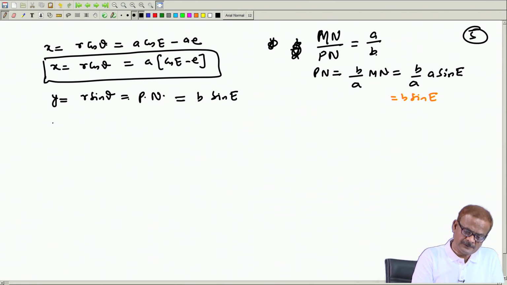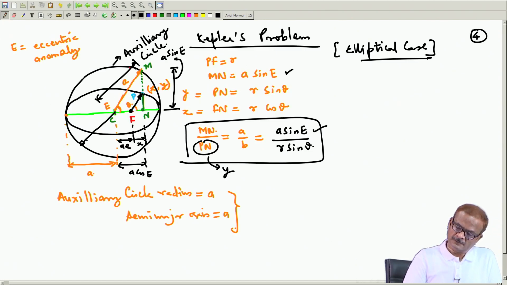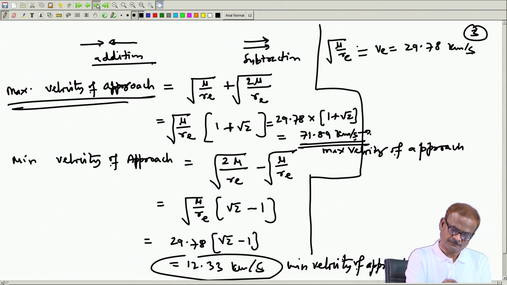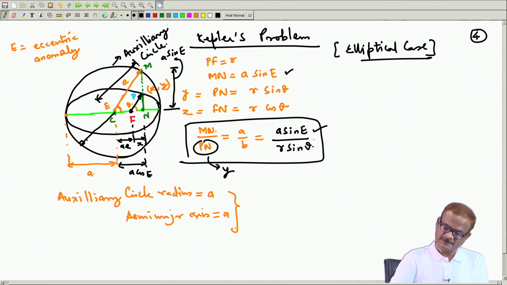So, what we get from here, y equal to r sin theta equal to B sin E. So, this is the same thing here.